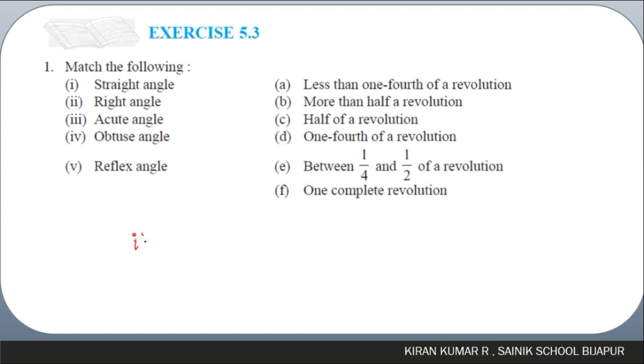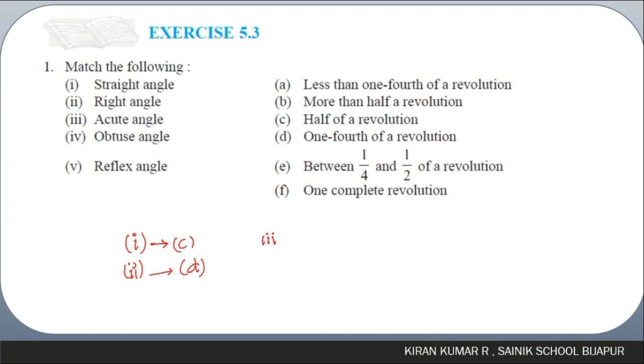So the first one is C. Right angle, it makes half a revolution? No, half a revolution is 180 degrees. 1/4 of a revolution, where is 1/4 of a revolution? It is at D. So the second one is D.